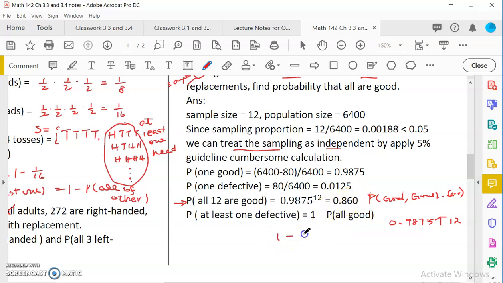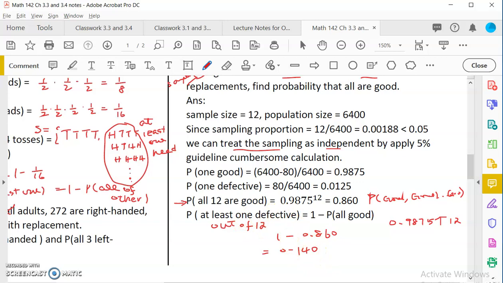So it's 1 minus 0.860, which is 0.140. Okay, at least one defective out of the 12. You're not picking one, you're picking 12. But at least one out of the 12 is defective is 14%.